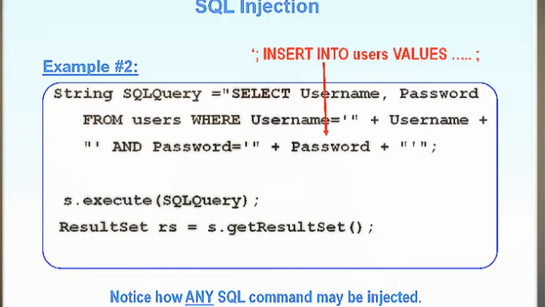The attacker is only limited by their ability using the SQL language. They can do whatever they want as long as that SQL query remains syntactically correct. And they're able to hijack it and then distort it in ways so the query will do what they want it to do.